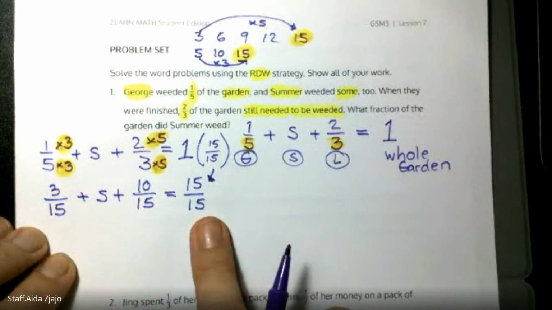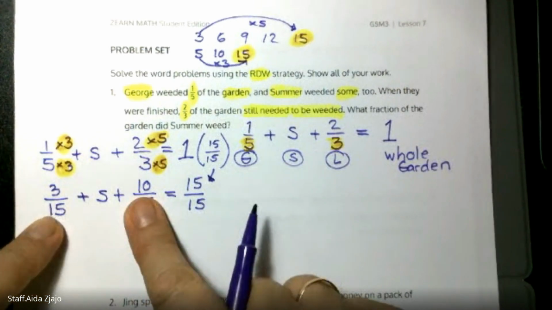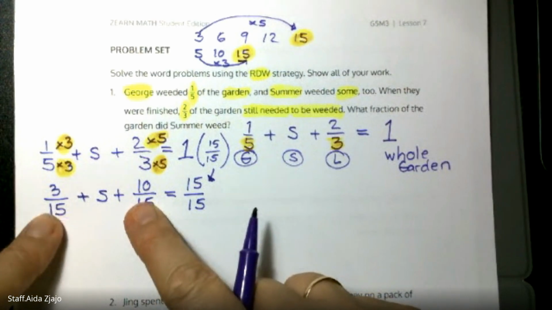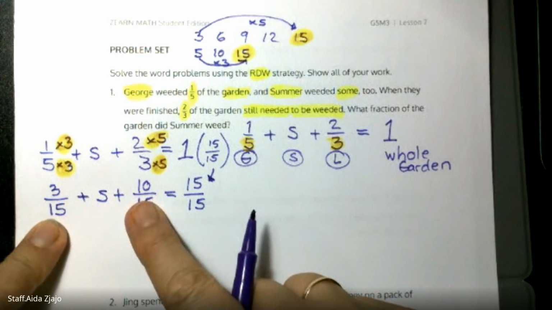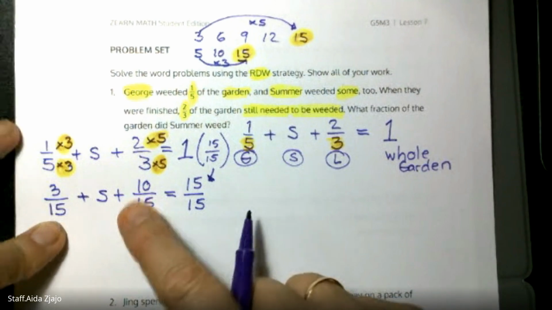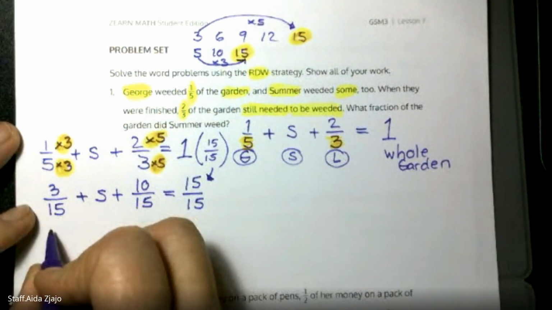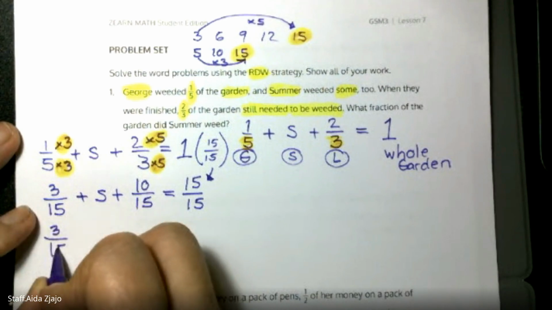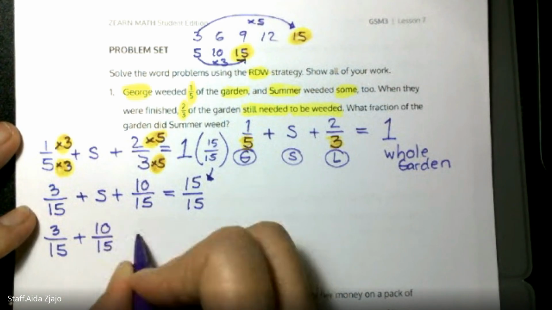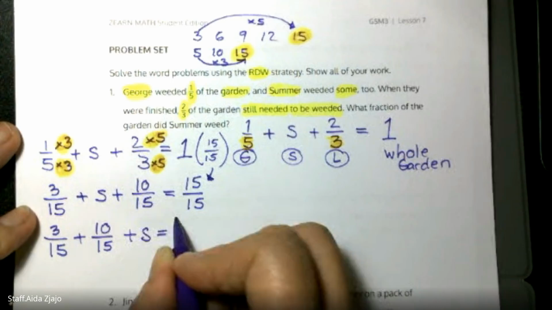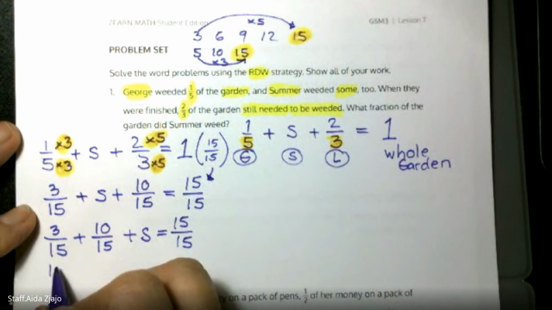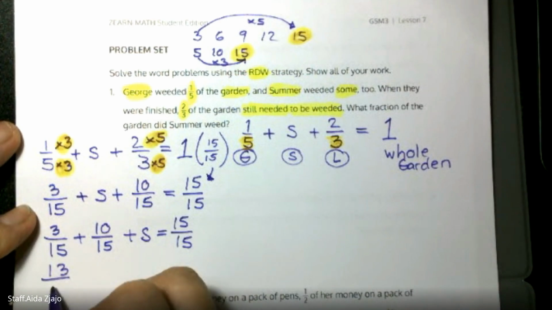So now we know that the leftover and George's parts together make 13/15. 3 plus 10 is 13/15. So we know then 3/15 plus 10/15 plus S must equal 15/15, or 13/15 plus some 15ths must equal 15/15.